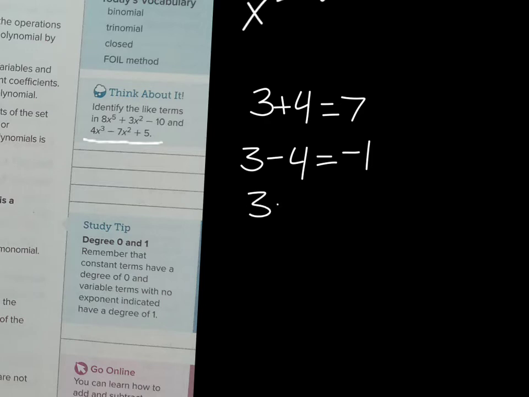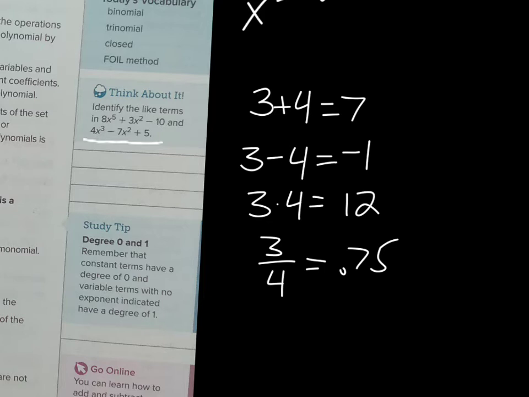If we multiply them, do we get an integer? Yeah. So then the set of integers is closed when it comes to multiplication. If we divide them, do we get an integer? No, we don't. So then integers are not closed in terms of division.